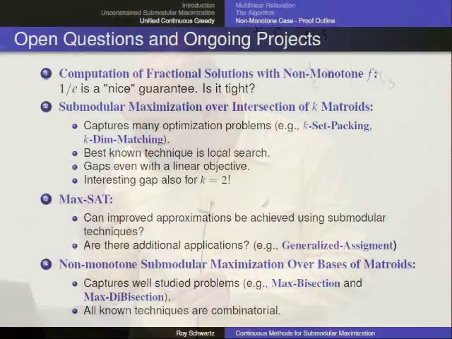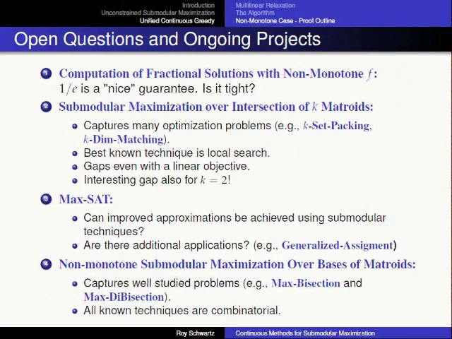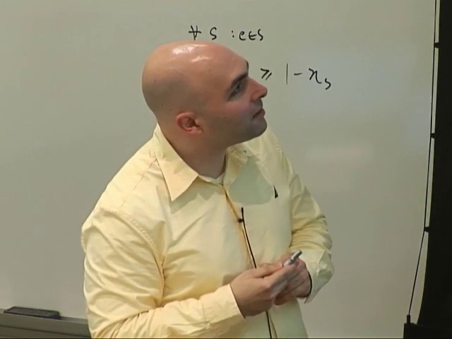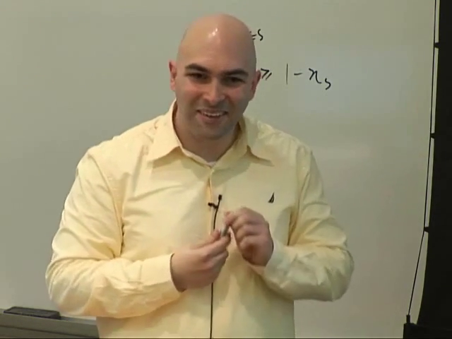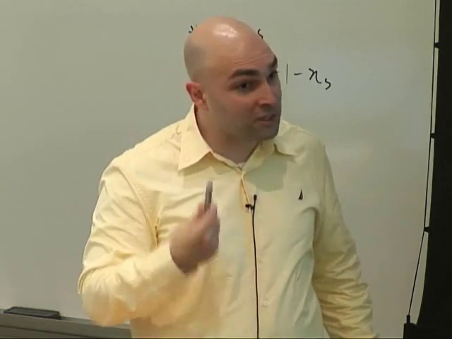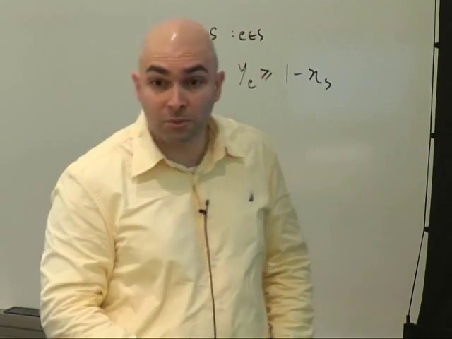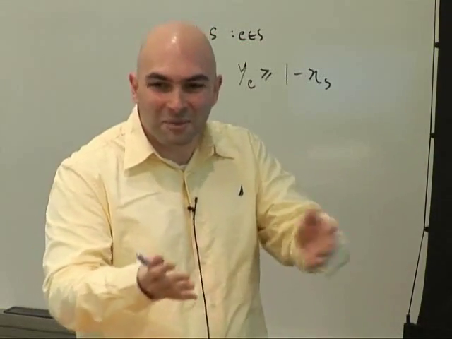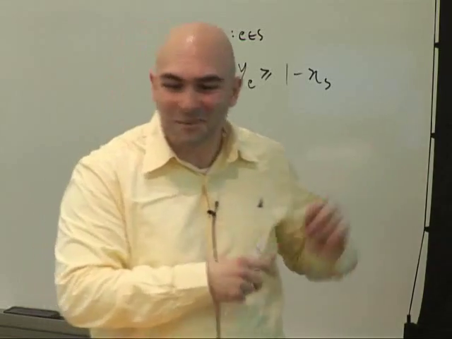There are, of course, tons of open questions and ongoing projects. The first open question is whether 1 over e is the right answer for computing fractional solutions with a non-monotone objective. This is the first time there's a nice number, and it's not only a nice number, but it's better than the previous not-nice numbers.